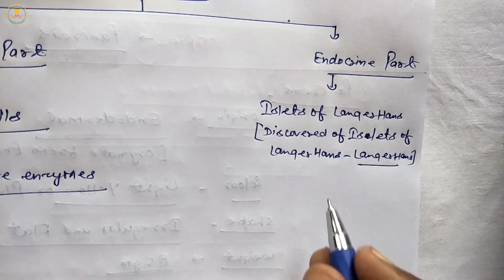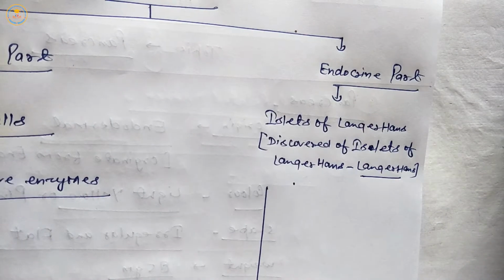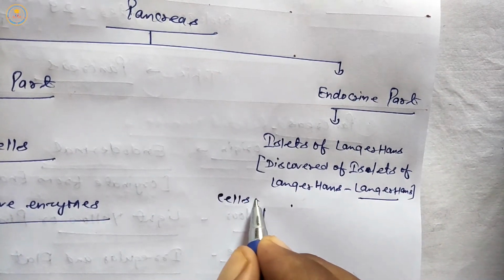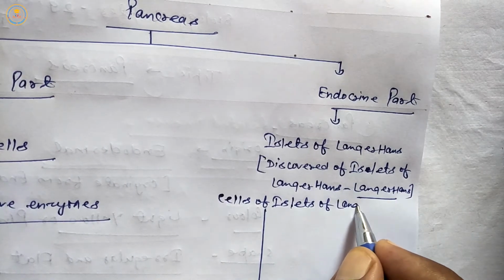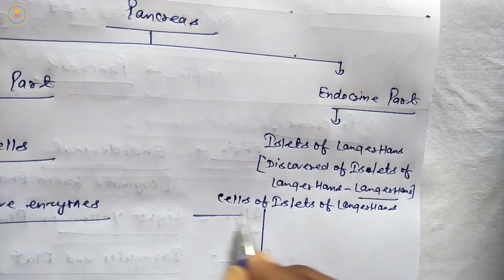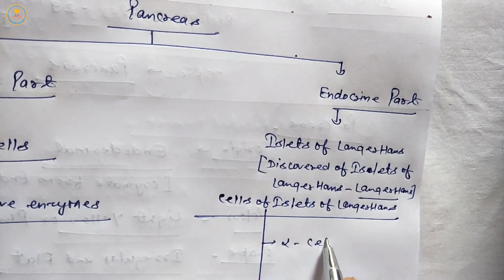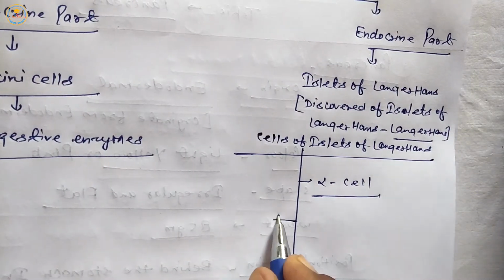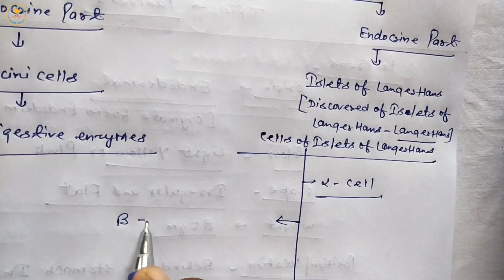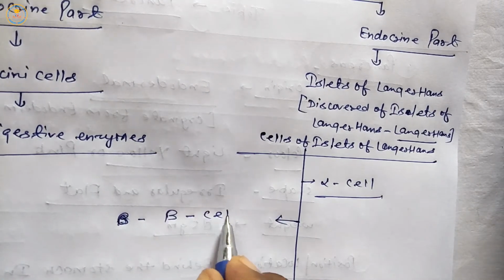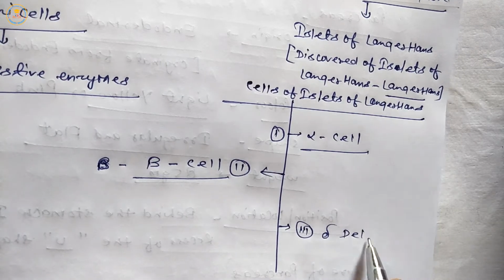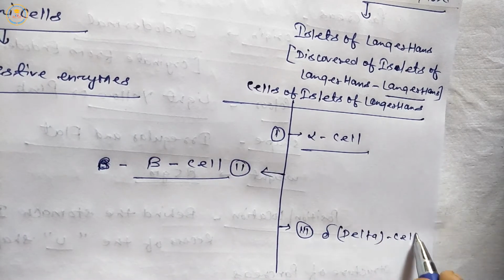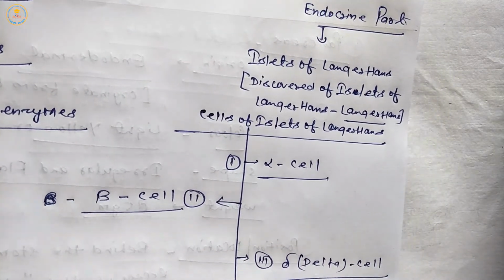Next, mostly three cells of islet of Langerhans: first is alpha cell, second is beta cell, and third is delta cell. First is alpha cell.